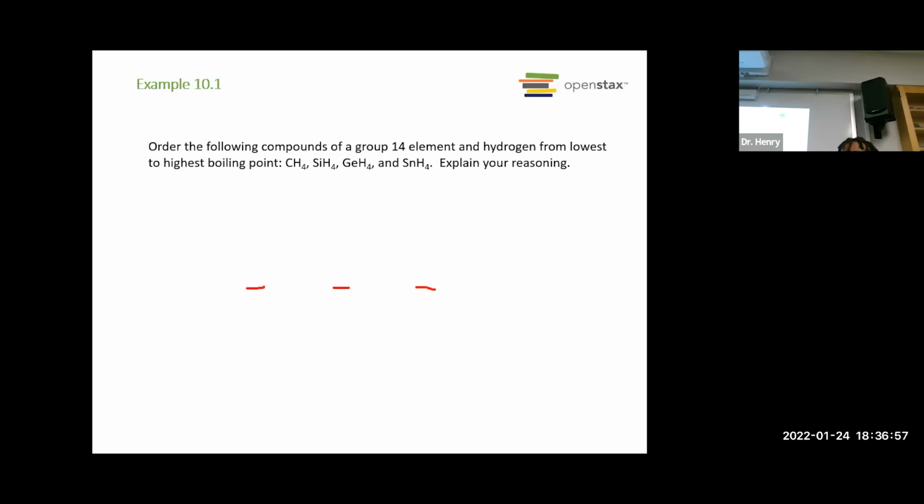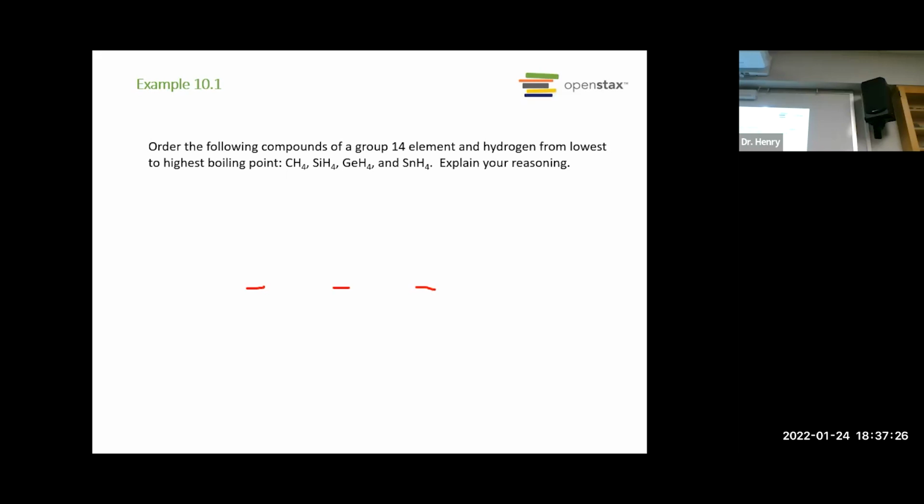Okay, so let's see if you guys got an understanding of this. Order the following compounds of a group 14 element and hydrogen from the lowest to the highest boiling point. We have CH4, we have SiH4, GeH4, and SnH4, sorry.